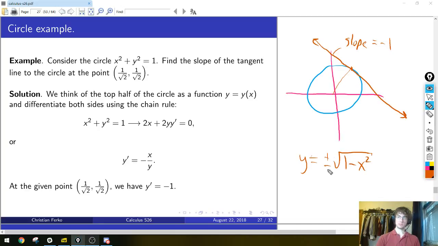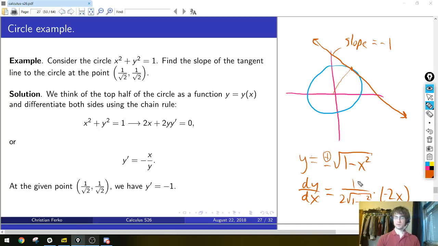This is why it's not a function, by the way, because there's two values, plus and minus. But I say I want the top half, so I take plus. So I take y is plus the square root of 1 minus x squared, and then I would compute dy dx using the chain rule. It's not that bad. It's like 1 over 2 square root 1 minus x squared times the derivative of the inside, which is minus 2x. It's not terrible, but it's a little ugly.